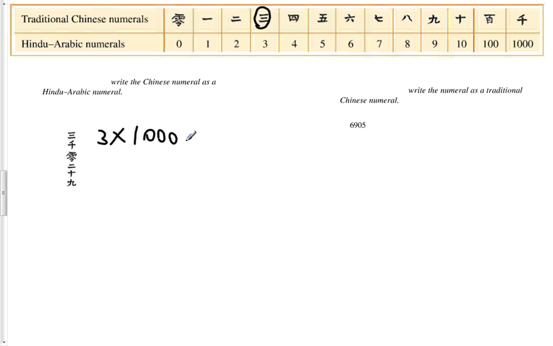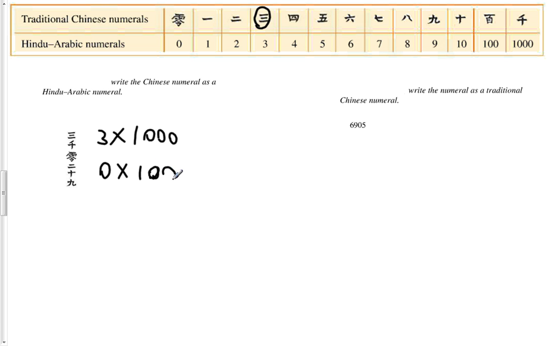All right, the second thing I see is this symbol that represents 0. That represents 0 times the next value, which would be 100. So that means there are 0 100s.